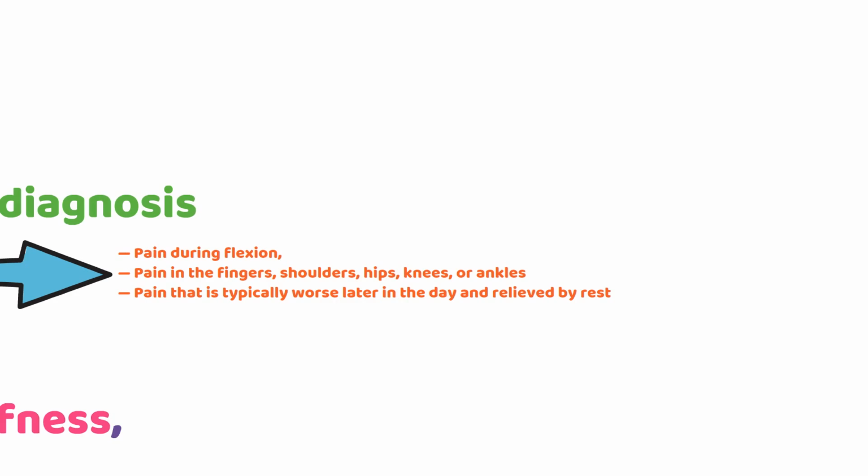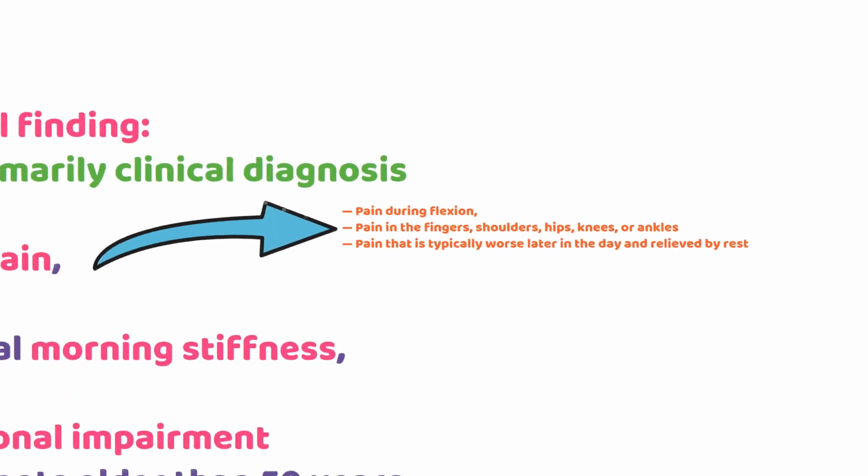That means osteoarthritis is common in large joints. Pain is also typically worse later in the day and relieved by rest. The patient comes with the complaint that in the morning the pain is less, and during the work during the day the pain becomes worse.